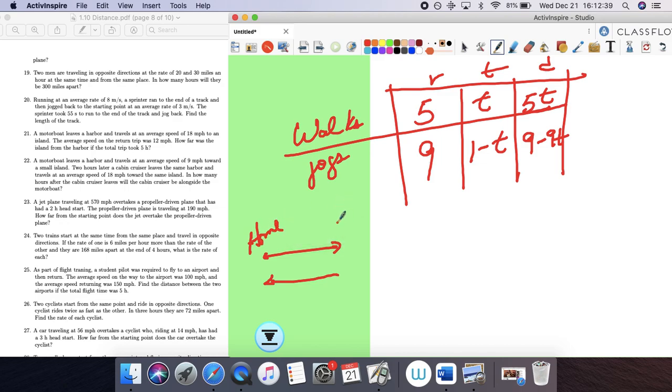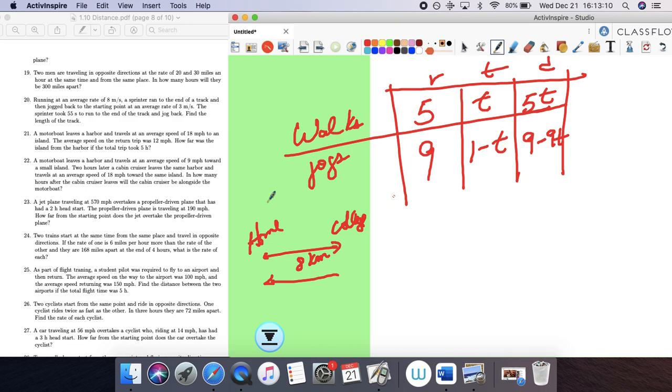Here's your college. And the distance is 8 kilometers. How far does a student jog? Wait a second. Oh, I see. I read the question wrong.